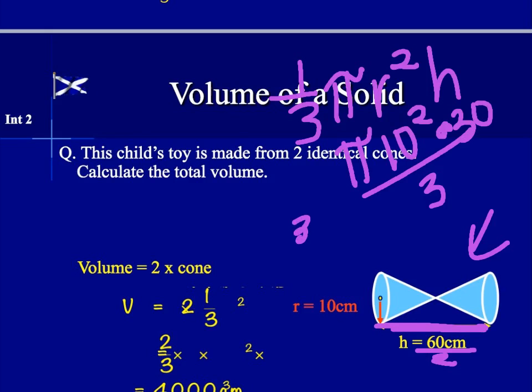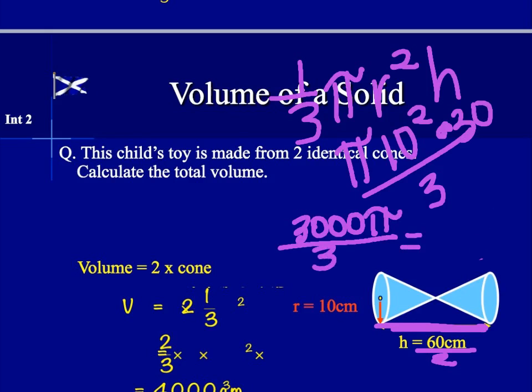So that means it's 3,000 pi, all divided by 3. I know that 3,000 divided by 3 is just going to be 1,000. So my answer is 1,000 pi. That's my volume of one cone, but I have 2.